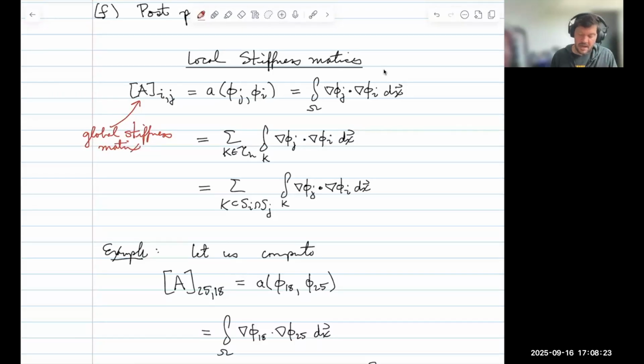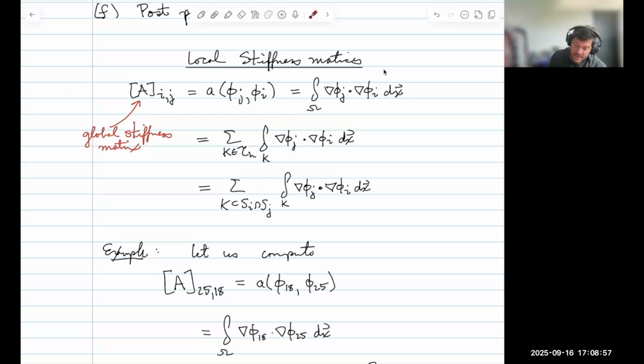So we want to come up with an algorithm which works really well for assembling the elements of this. Remember the definition of a_ij is a(phi_j, phi_i). And remember, I've dropped the subscript, this could be a_1 or a_2. I'm not going to make those distinctions. By definition, this is an integral over the whole polygonal domain omega of the gradient of phi_j dotted with the gradient of phi_i.